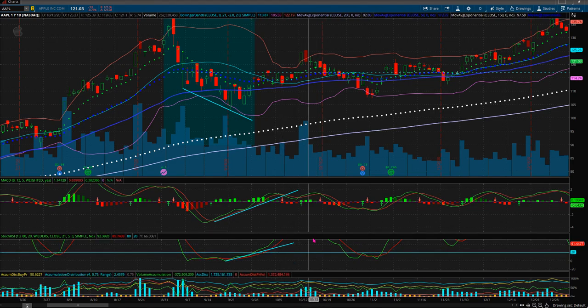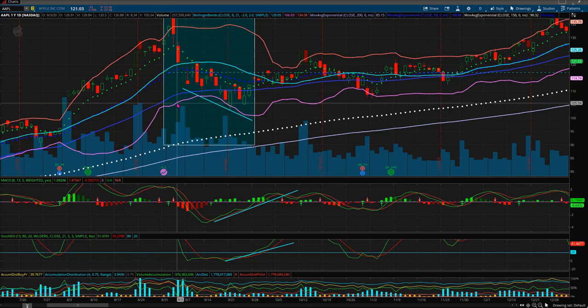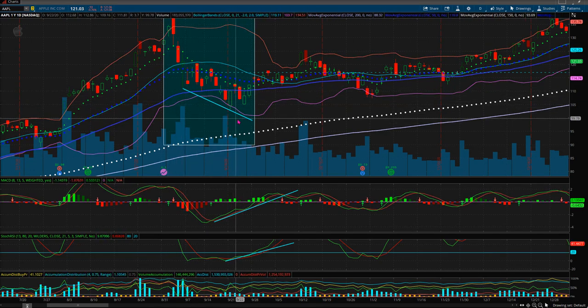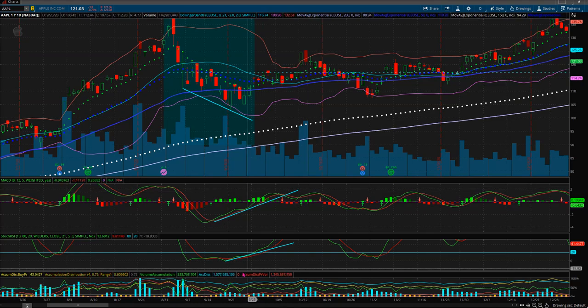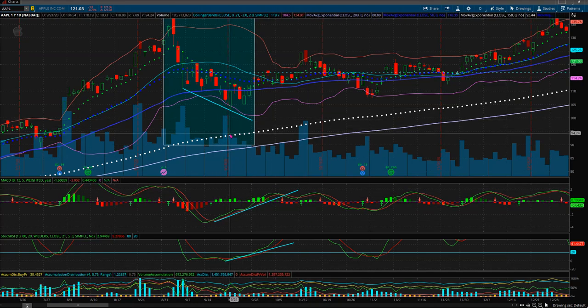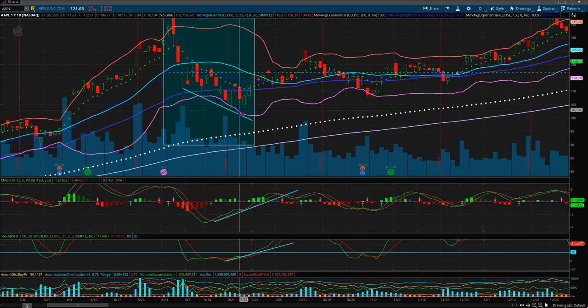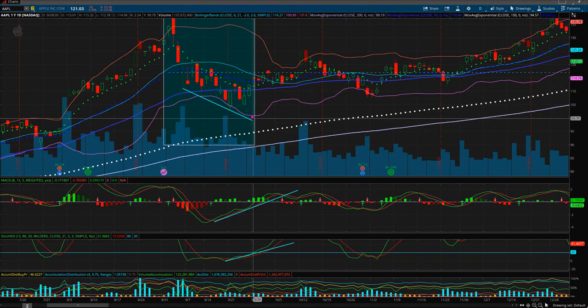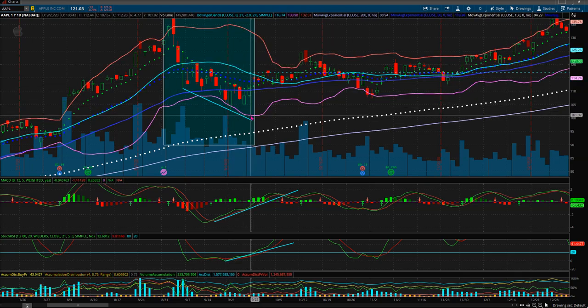Okay. So now we've got our divergence drawn. You can see this line's going down and these lines are going up. So now what we do is we make note of the time that it ended here, and the price.